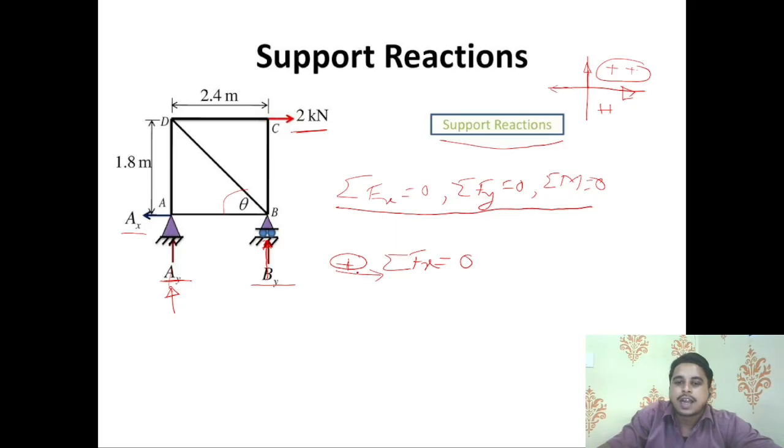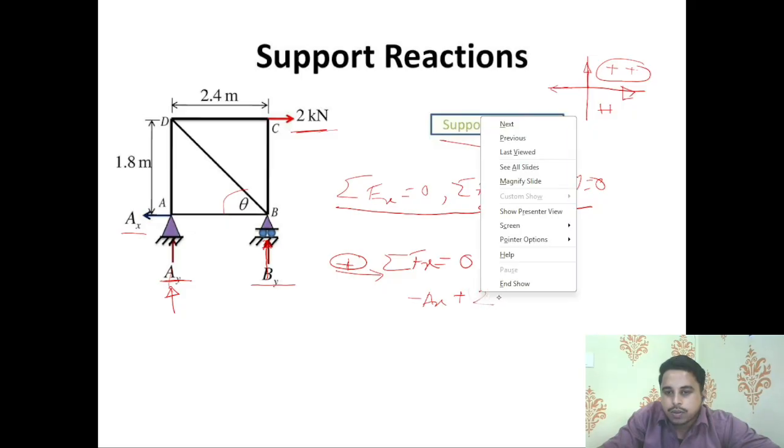So we will adopt the magnitude of the force in the calculation as negative. So according to the equilibrium equation, minus Ax plus one more horizontal force given in the system is 2 kilonewton.